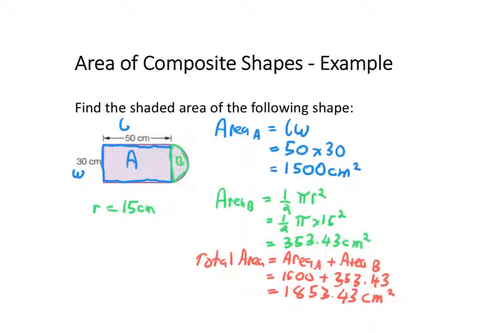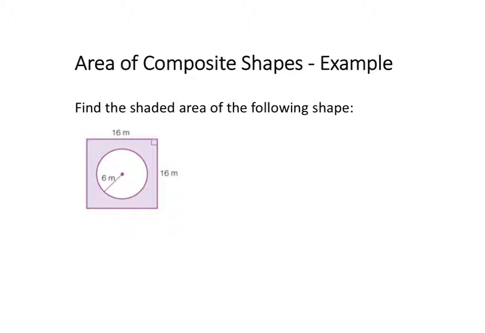So the area of the composite shape is 1,853.43 centimeters squared. Having a look at the second example, this example is a little bit different to the first. Instead of adding 2 shapes together, this time we need to subtract a shape from another shape to get our shaded area. Shape A is going to be the square around the outside of our shaded area.